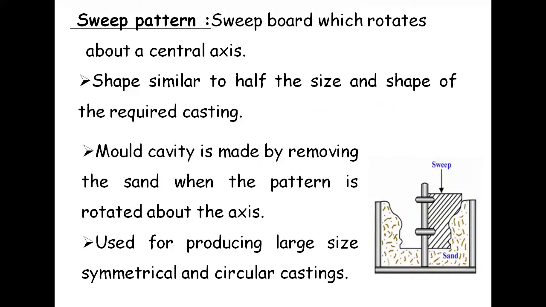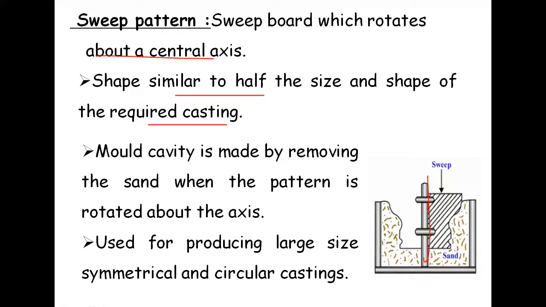Sweep pattern. A sweep board rotates about the central axis. This is the sweep board, and it rotates about the central axis. The shape is similar to half the size and shape of the required casting, that is, half of the shape of the final product. The mold cavity is made by removing the sand when the pattern is rotated.